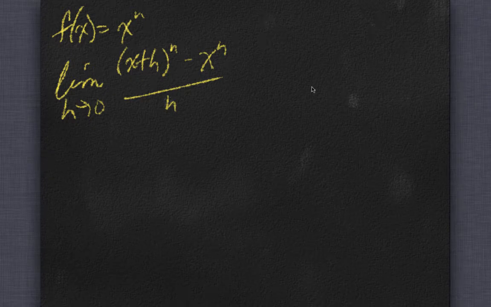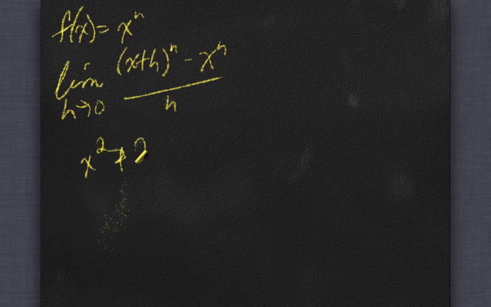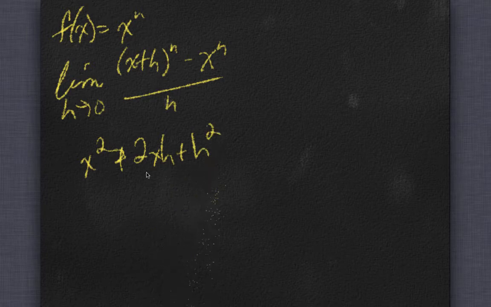Pascal's triangle, which is really combinations, when I FOIL this, let's say it's squared, and I FOIL it, and I have that 2xh plus h squared. Basically, when I FOILed it, this appeared twice. It happened in the outside and it happened in the inside, and that's why I have two of them.